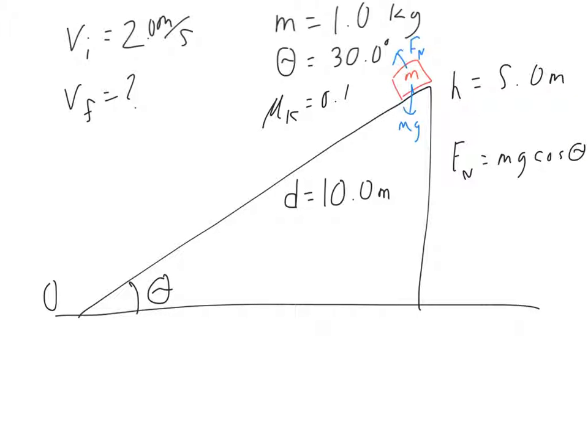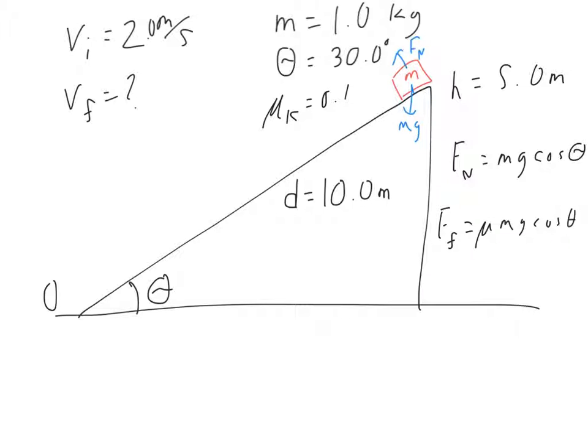And so our force of friction will be mu mg cos theta. And how much work is going to be done? Well, it's going to depend on how long the ramp is, which I gave as 10 meters.